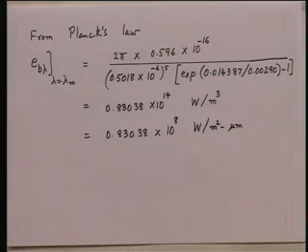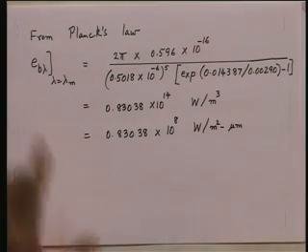This is the unit usually used for E b lambda. So, this is the next value which we are looking for, the value of E b lambda at lambda equal to lambda max. Now, let us get the value of E b rather.